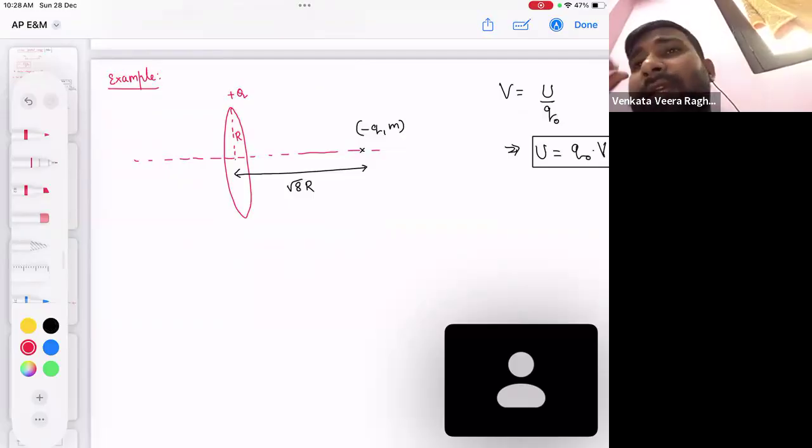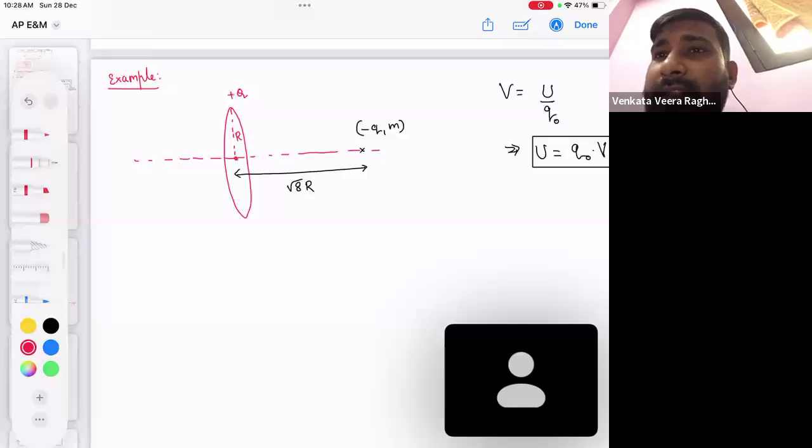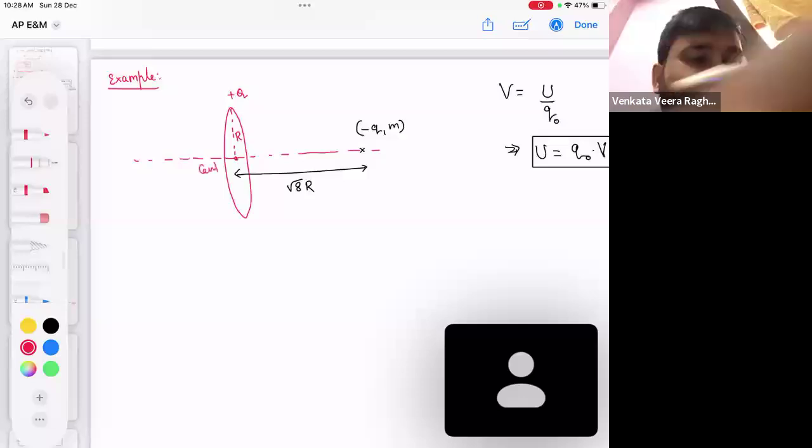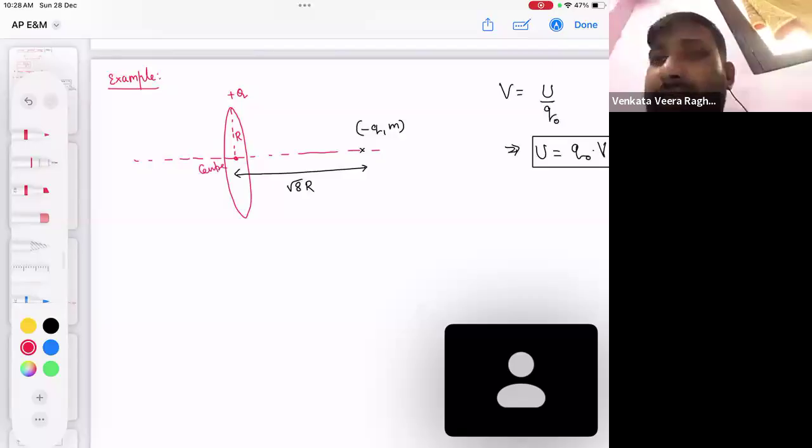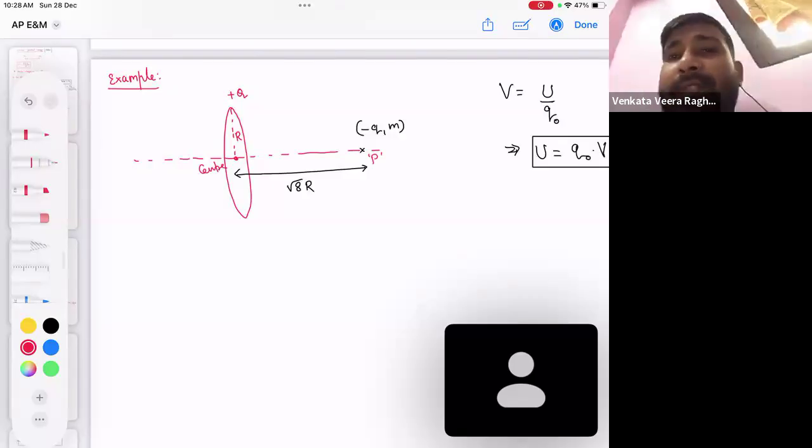Will it move along the axis towards the center of the ring? If I leave this charge particle at this particular point, let's say this point P, then what will happen? This charge particle will be attracted towards the ring, right? So it will reach the ring with some velocity, isn't it?